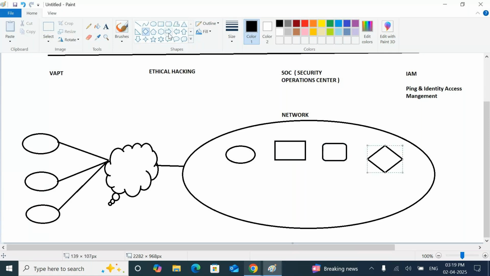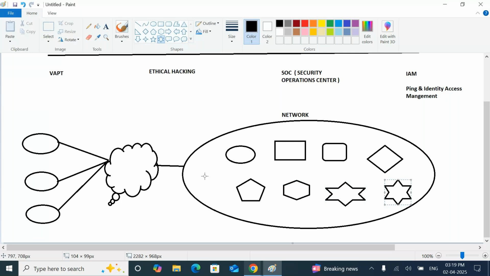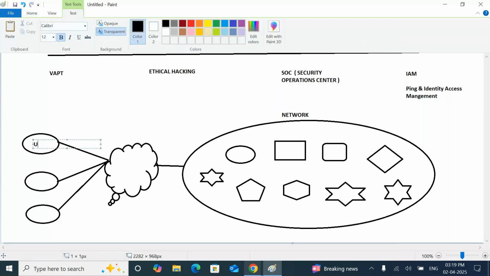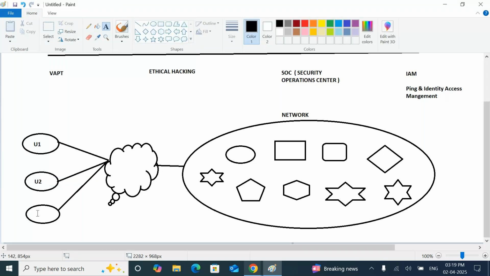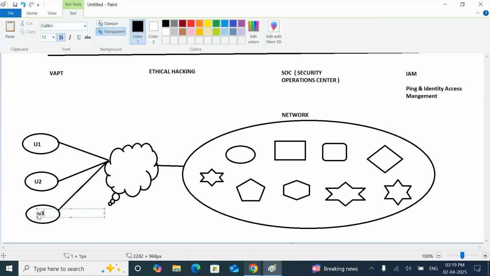There are firewalls, next generation firewalls, web application firewalls, and different servers in the network, and users are trying to access the network via these devices through the internet.